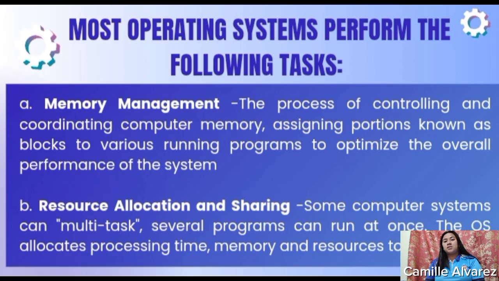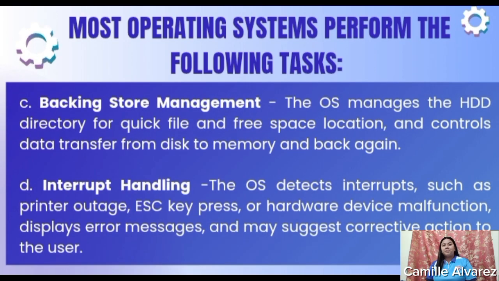Resource allocation and sharing. This is the process where the operating system decides which program or user gets access to which resource, and for how long. For example, when multiple programs are running on the computer, the operating system allocates CPU time to each program, ensuring they all get a fair share of the processing power.